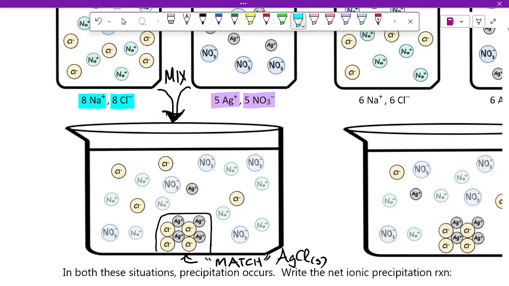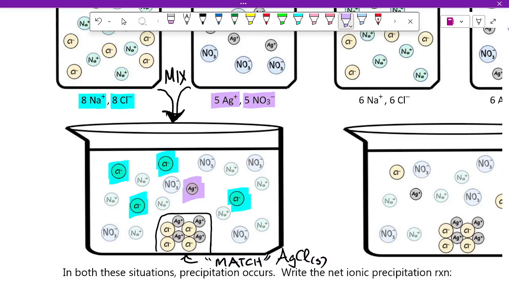How many chlorides are left in solution? 1, 2, 3, 4. How many silvers are left in solution? Just 1.